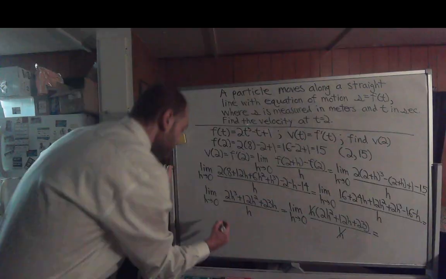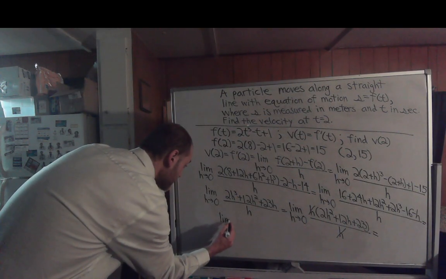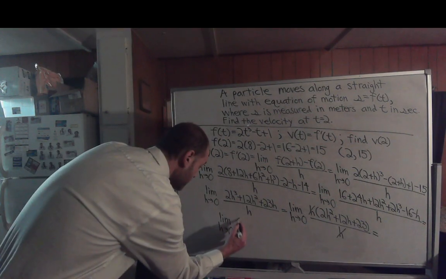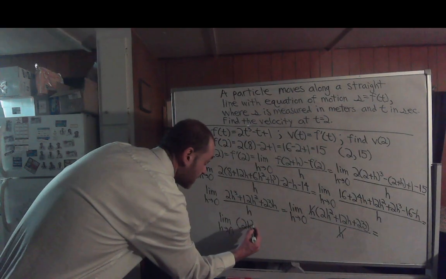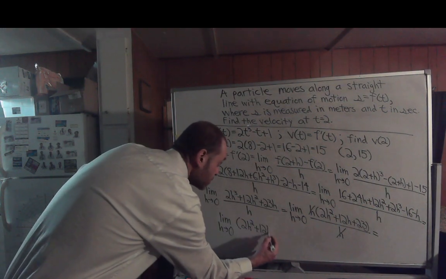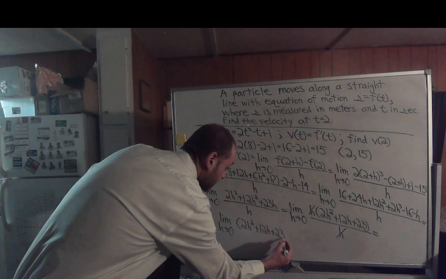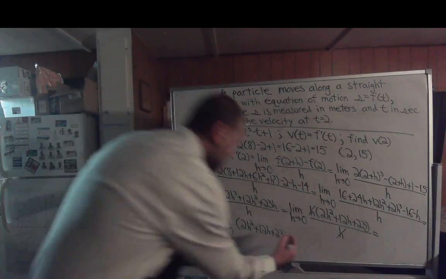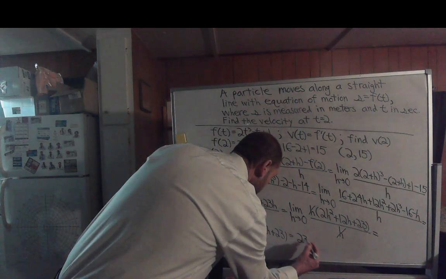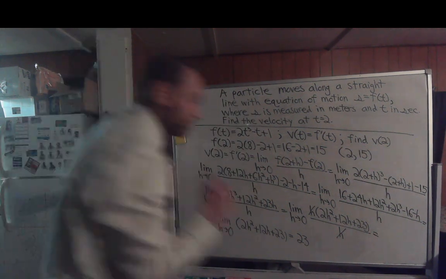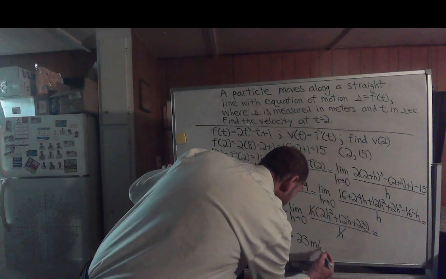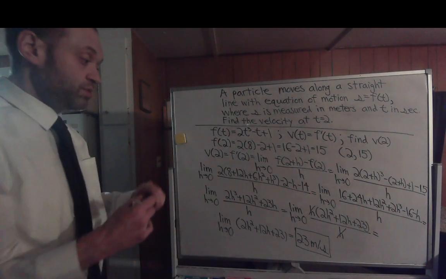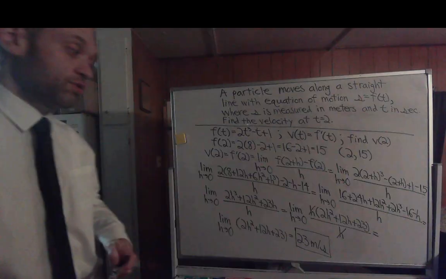This would turn into the limit as h approaches 0 of simply 2h squared plus 12h plus 23, which we can do direct substitution for now. You put in 0 for your h's. You just get the value to be 23, but we need the unit, which is meters per second. So the velocity at time t equals 2 is going to be 23 meters per second.